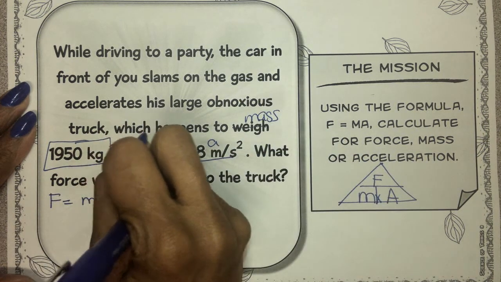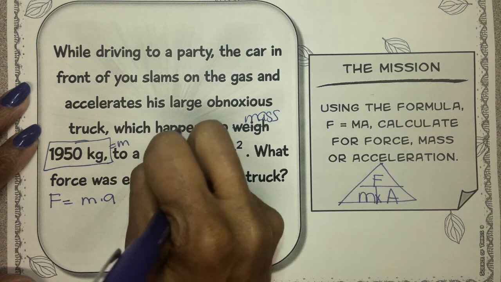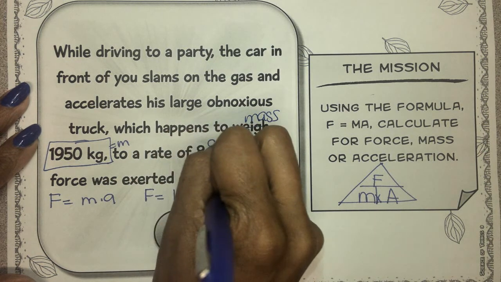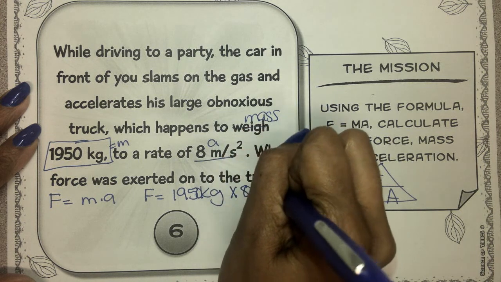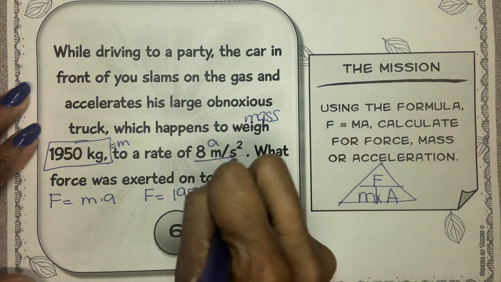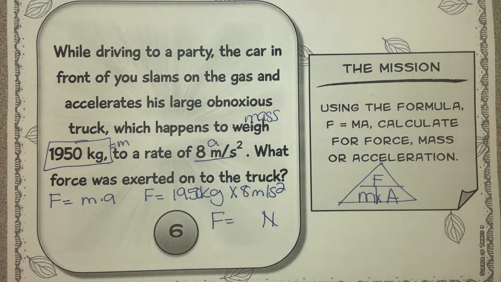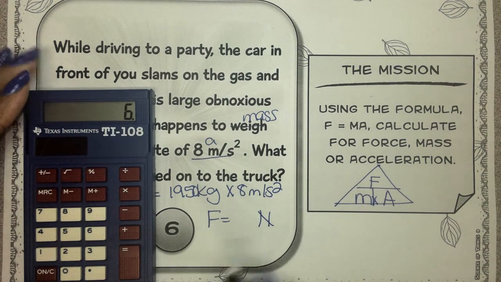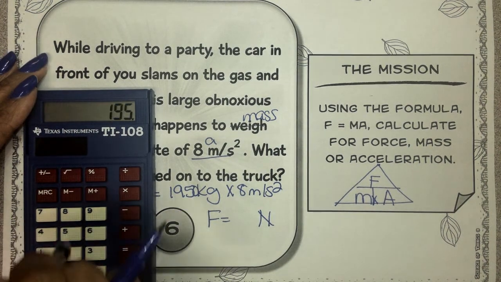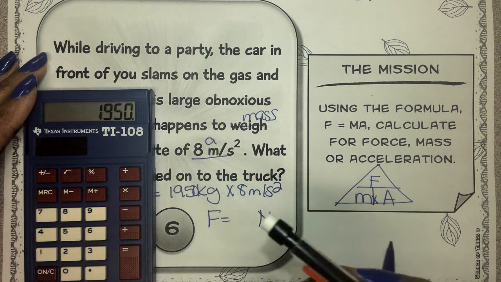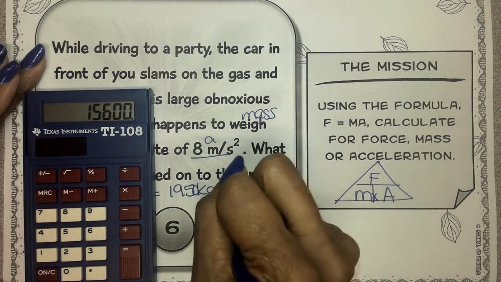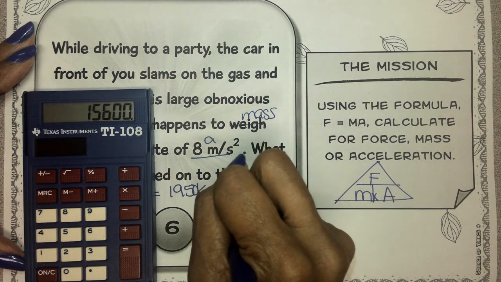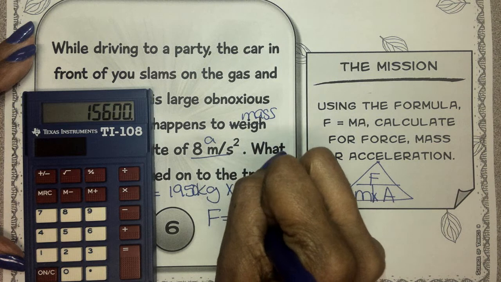So my force is equal to my mass, 1950 kilograms, times 8 meters per second squared. My force is in newtons. So we're going to do 1950 times 8. Force was 15,600 newtons.